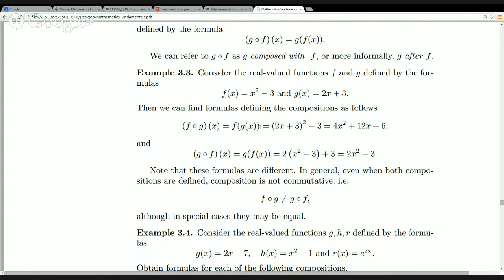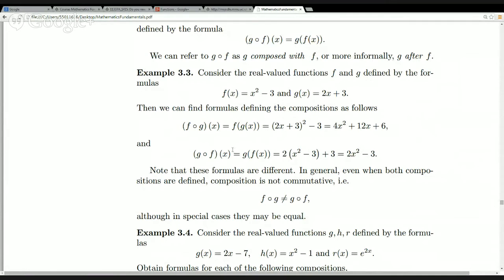So that's what you do. 2x plus 3, g of x, is the input to f here, so we need to square it and subtract 3. That's going to give us, you do the algebra, 4x squared plus 12x plus 6, I think. Yeah, 9 minus 3 is 6. So the composition f after g is this function, 4x squared plus 12x plus 6.